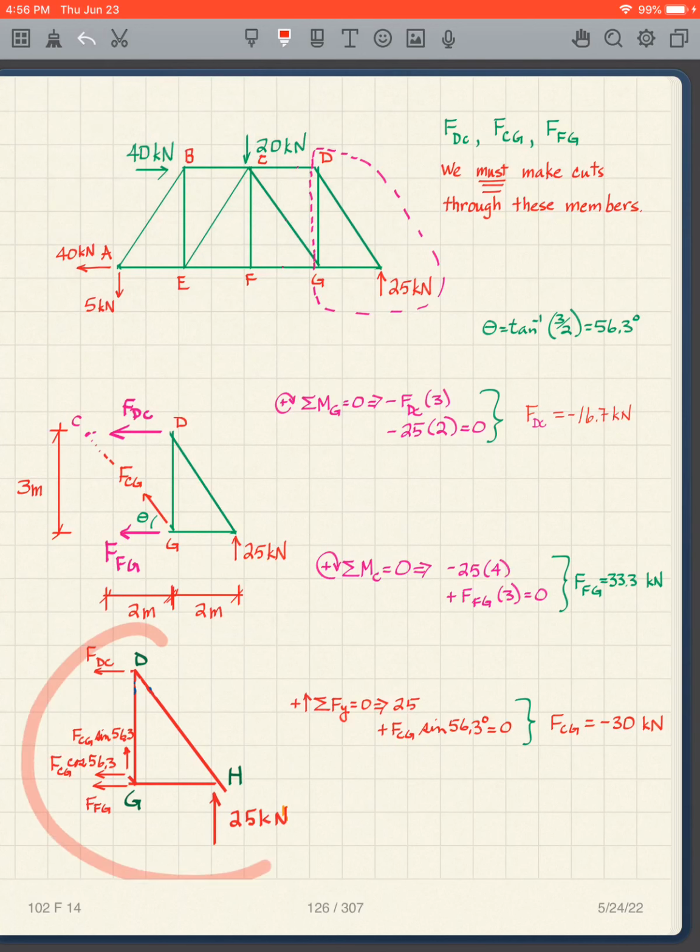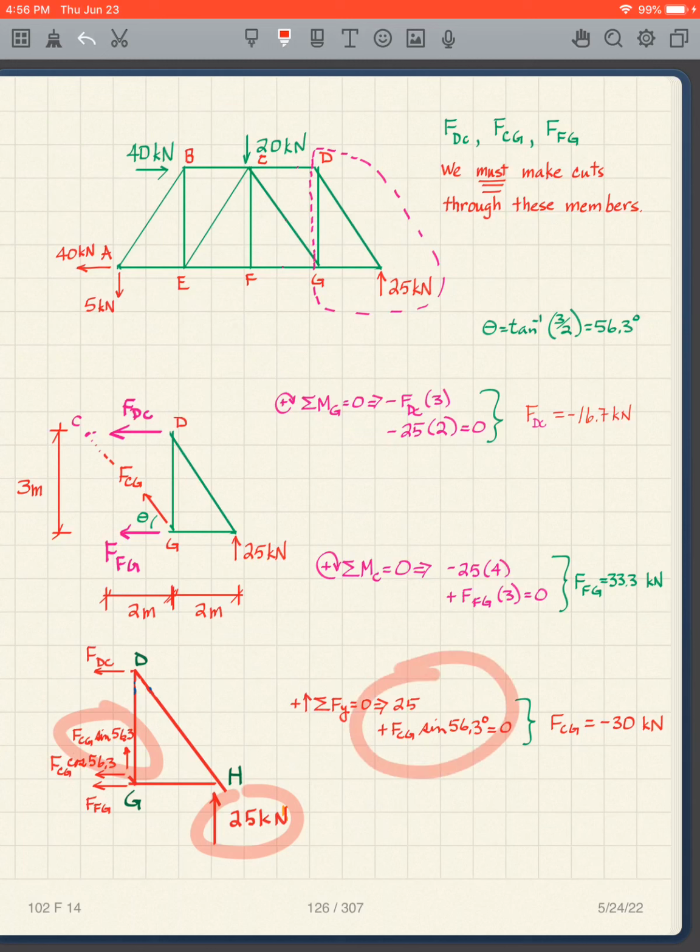So I take the sum of the forces in the y direction equals 0. I have the 25, I have the FCG sine 56.3, both of them are positive because both go upward, and I can find FCG is negative 30 kilonewtons.